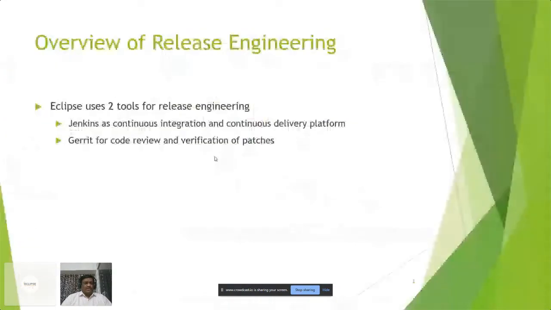Another tool which we use is Gerrit. This is used for code review and verification of patches. This also includes a Jenkins job for verification of patches. Now let's see how Gerrit works.